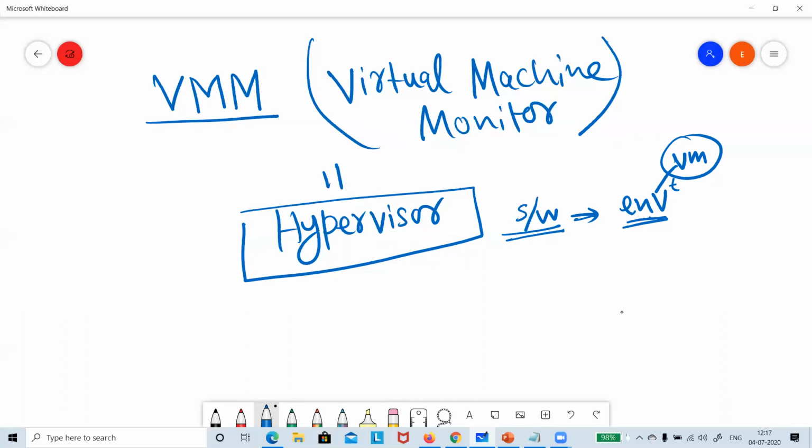You got the basic idea, right? Okay. So now we talk about virtualization. This is a software which gives an environment where the VM will run. That's a very basic keyword I'm telling you. Now we'll discuss more about it.